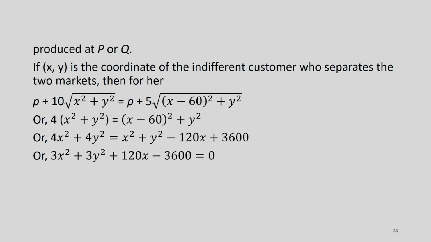Then for her, P plus 10 multiplied by root over x square plus y square is, remember, the price he had to pay if he buys from P, and on the right hand side is the price if he buys from Q. So, for him these two prices are the same. Therefore, he is indifferent. That is the thing we have written here, and if we simplify this we get this expression: 3x square plus 3y square plus 120x minus 3600 is equal to 0.